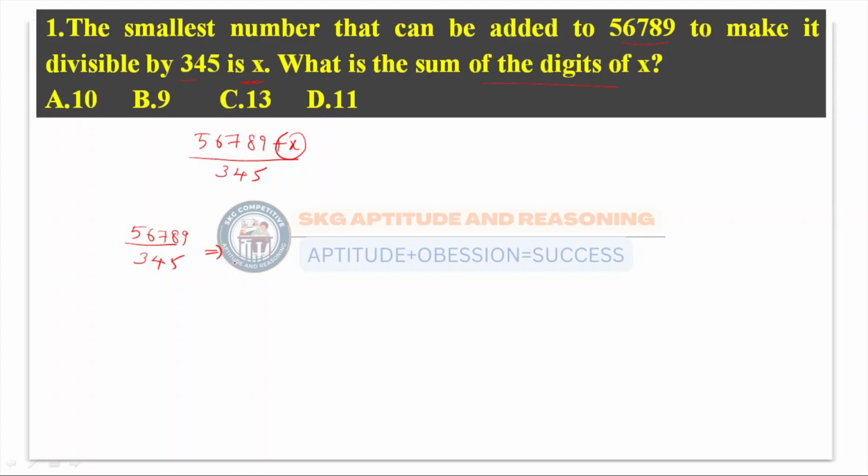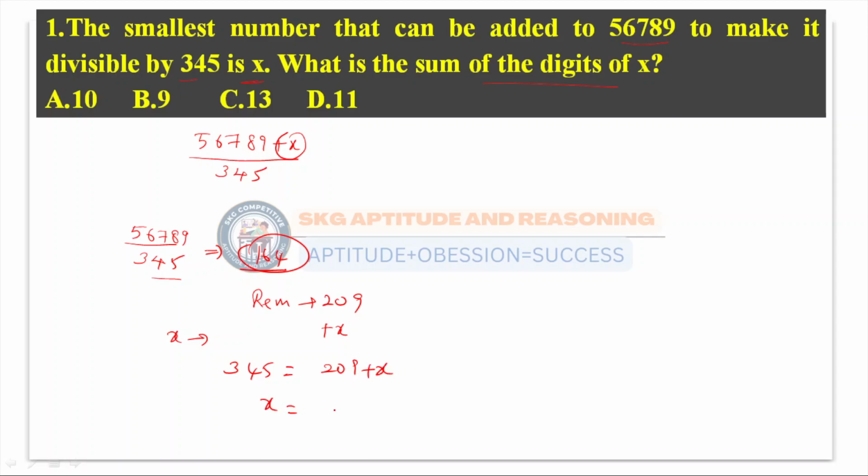If we divide this, it is divisible 164 times, leaving the remainder of 209. So to find the value of x, suppose we add some x, then it is again exactly divisible by 345. So 345 equals 209 plus x.